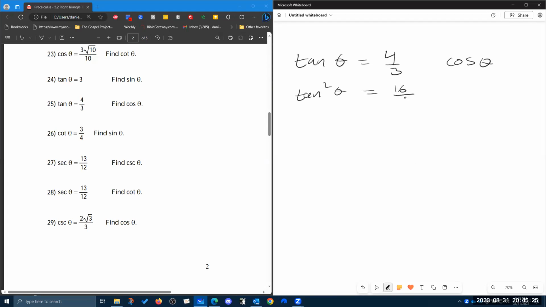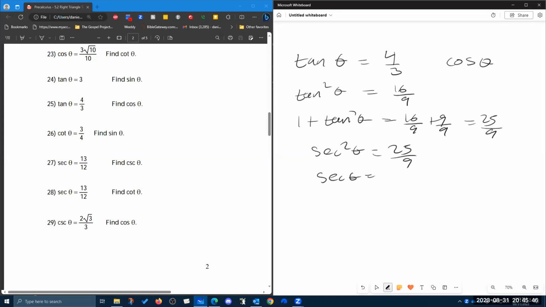It's going to be 16 over 9. 1 plus tangent squared theta is going to be 16 over 9 plus another 9 over 9, which is 25 over 9. So secant squared theta is going to be 25 over 9, making secant theta 5 over 3, and that makes cosine 3 over 5.